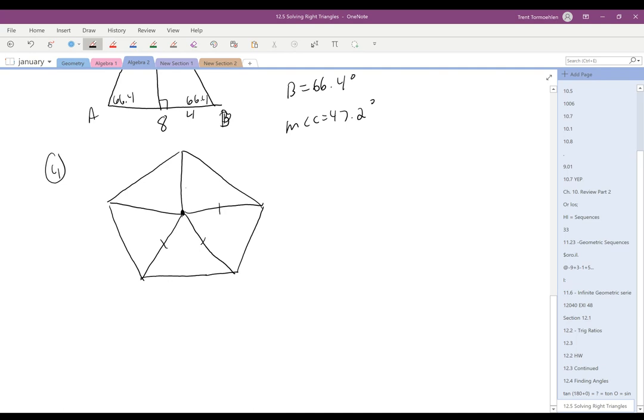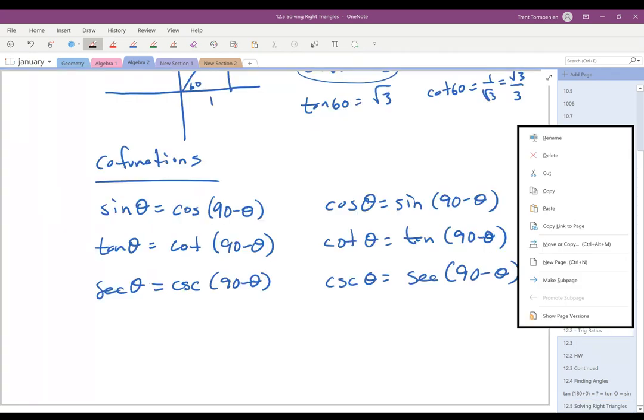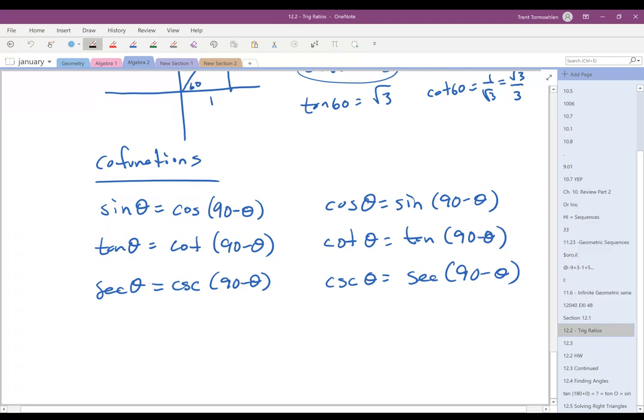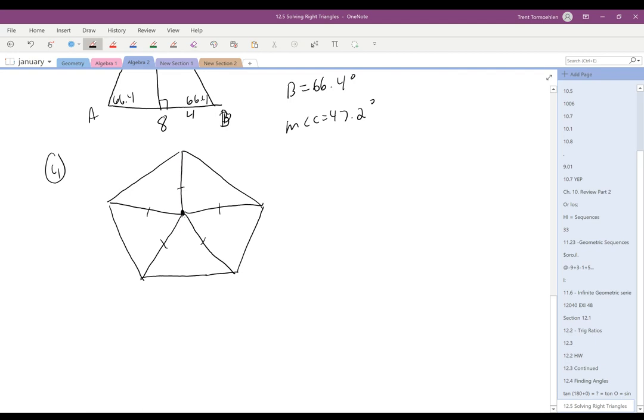And so you can find the area of that by finding the area of one of these triangles.